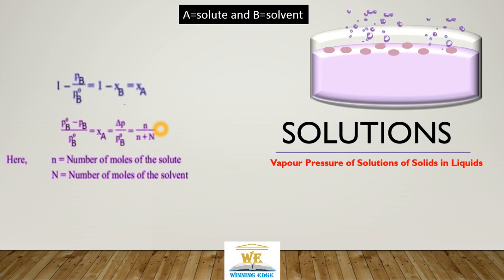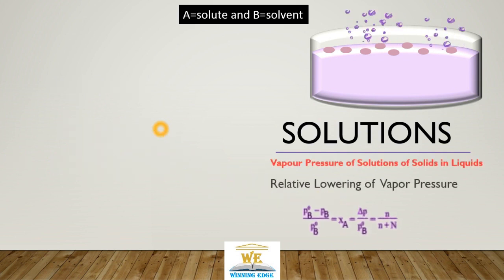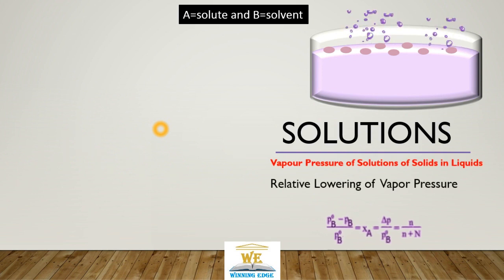Relative lowering of vapor pressure will be proportional to the mole fraction of solute. Here small n is the number of moles of solute, capital N is the number of moles of solvent.